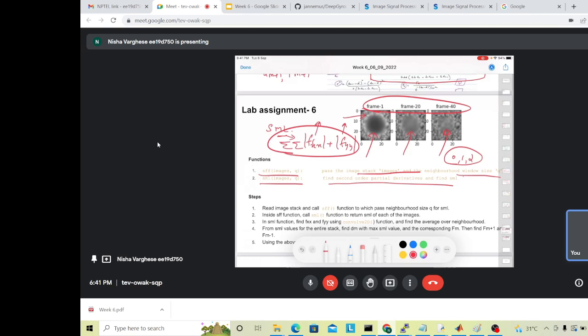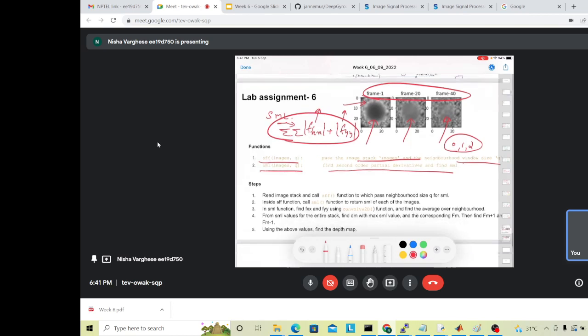So the steps are: read the image stack and call the SFF function, passing the neighborhood size q for SML. Inside this SFF function, call the SML function to return the SML of each of the images. In the SML function, for each frame and each pixel, you have to find the sum modified Laplacian value.